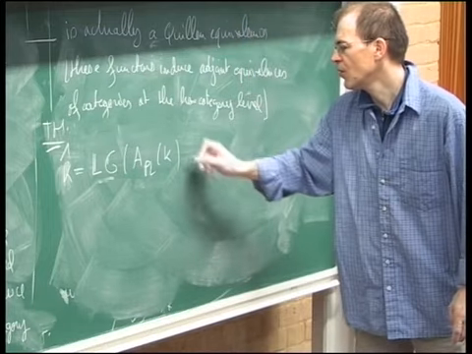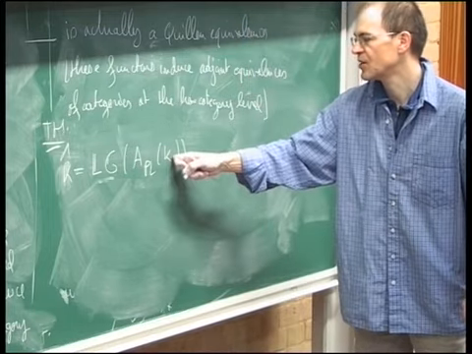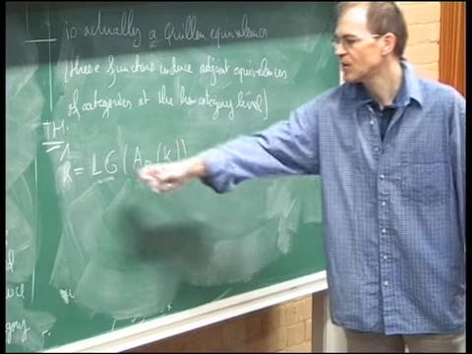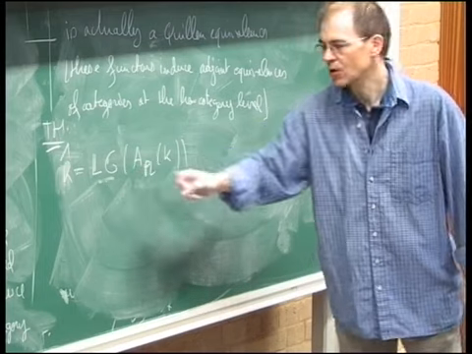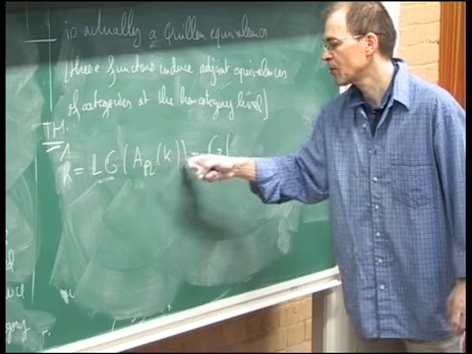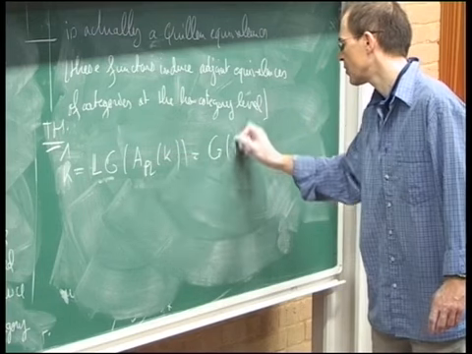So I start with a simplicial set K, I take the Sullivan de Rham functor, and I take the derived functor of G. So this is G applied to a cofibrant resolution of this object.